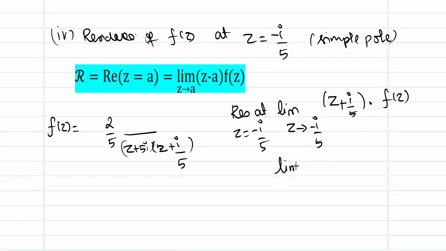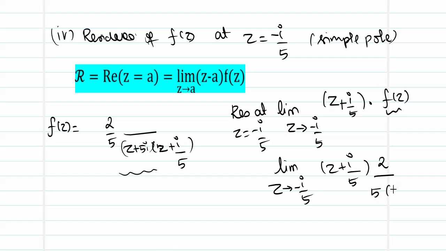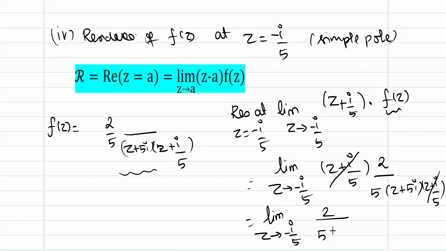So limit z tending to minus i by 5, z plus i by 5 times the function f of z, you can just paste it from over here: 2 by 5 into z plus 5i into z plus i by 5. Now we notice that the factors cancel each other, and so we just have limit z tending to minus i by 5. The leftover quantity is 2 divided by 5 into z plus 5i.